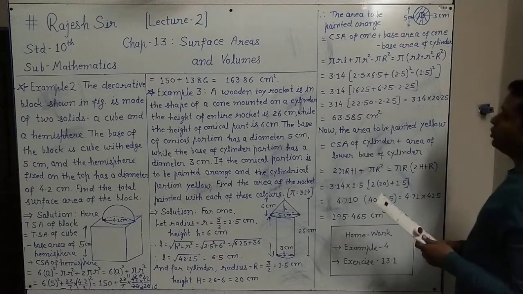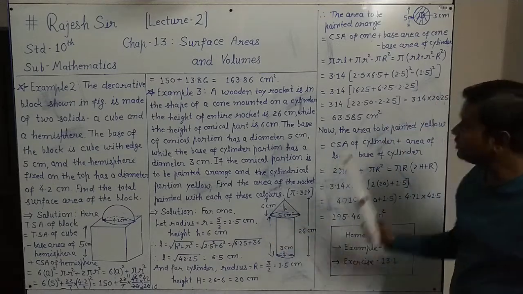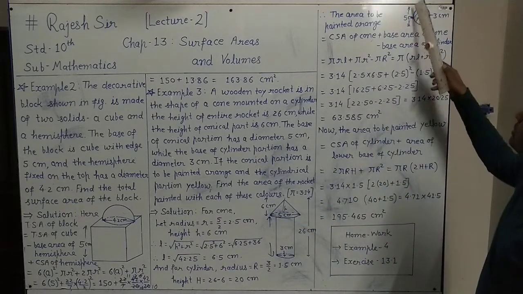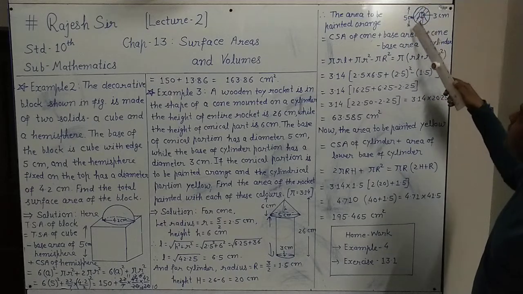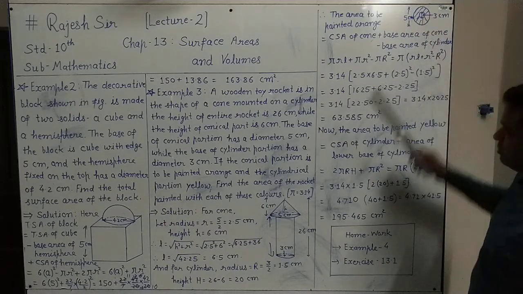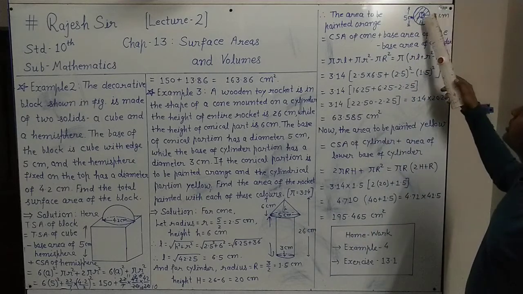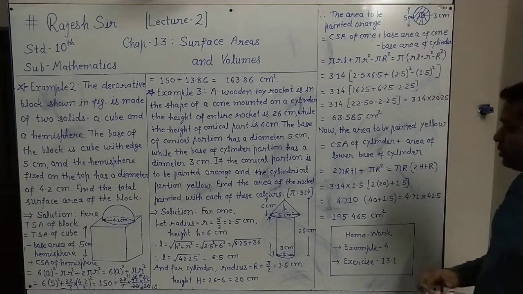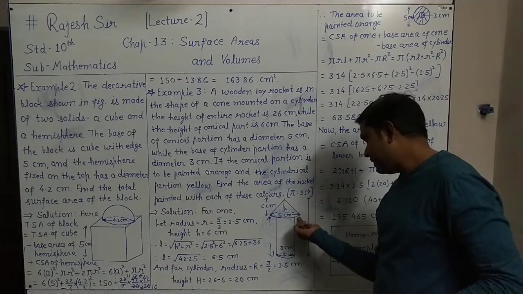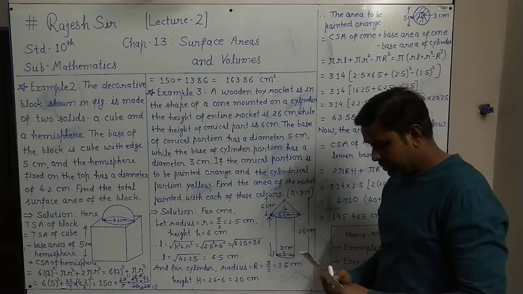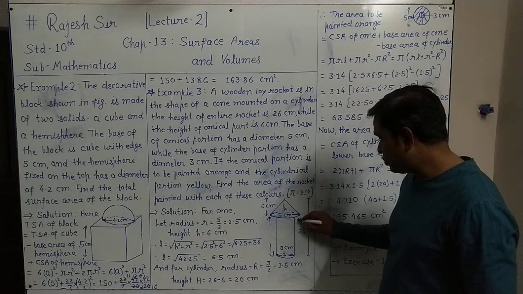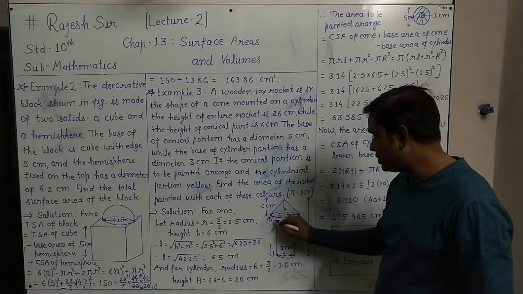The base of the cone is circular of 5 centimeter diameter, right? And the top of the cylinder is of diameter 3 centimeter. This is the shown area. So on the base part of the cone, this portion also we have to paint orange.